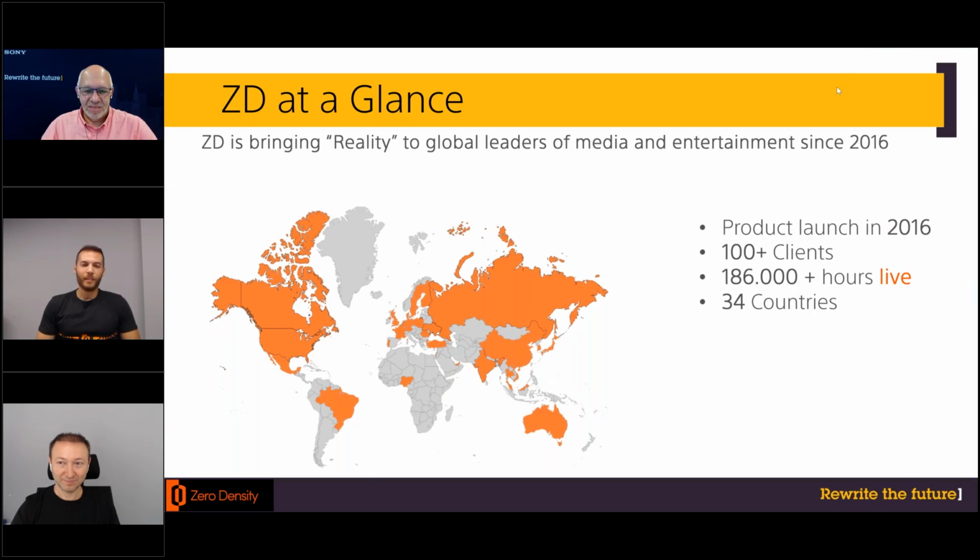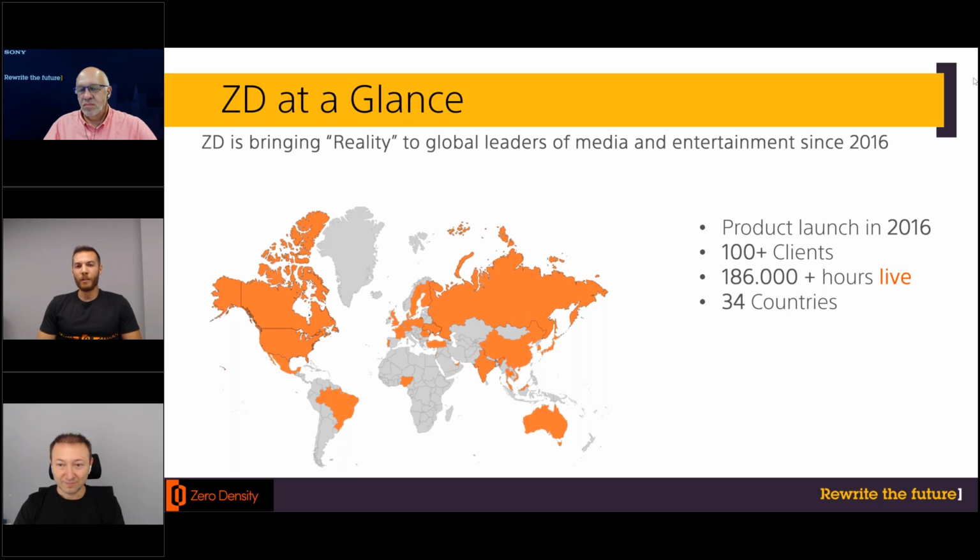So in the previous slide, we've talked about what is reality, what is a virtual set, and what is augmented reality. In this presentation, we will talk about the company, Zero Density, that provides this technology. Zero Density is a software company. It develops creative products for the media and entertainment industry.